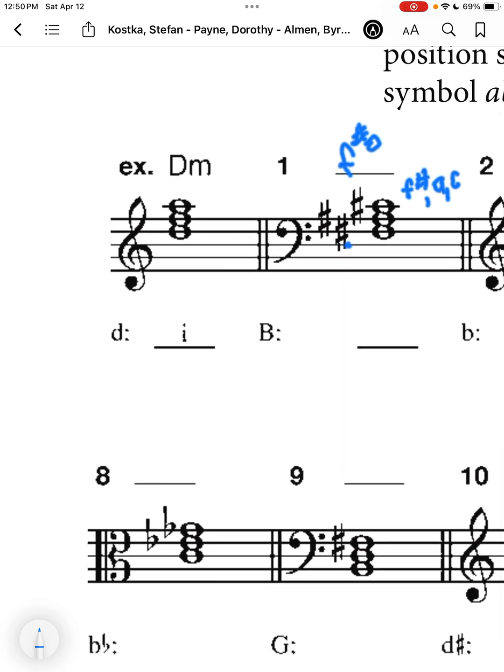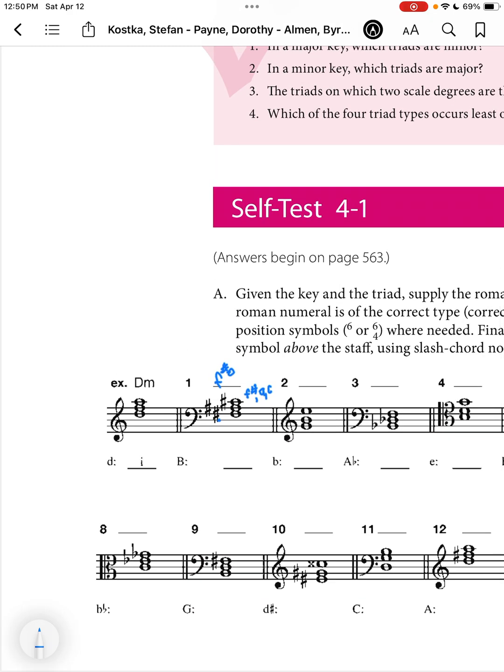Okay, so in the case of whatever crazy one, root position, and this would be a 6, I think it is. Okay, F sharp 6. Oh wait, okay, this is a little trickier.